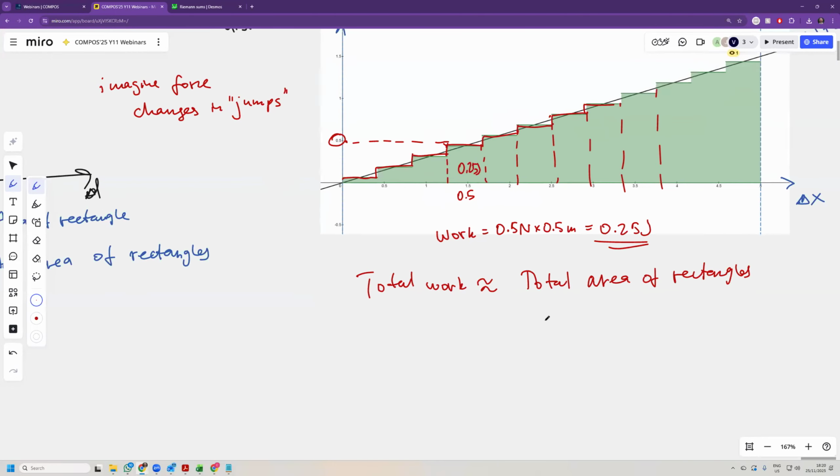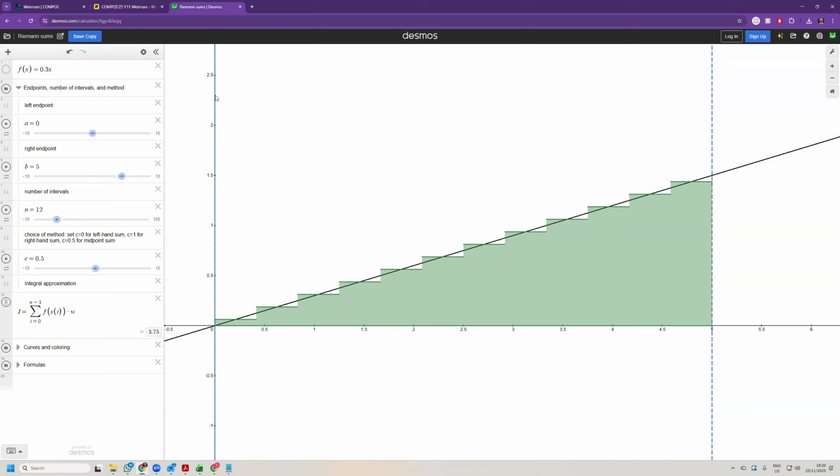Okay, now going back to this, I'm going to make the rectangles narrower. And would you look at that? I've made the rectangles narrower, and now the area under the black line is closer to the total area of the rectangles.